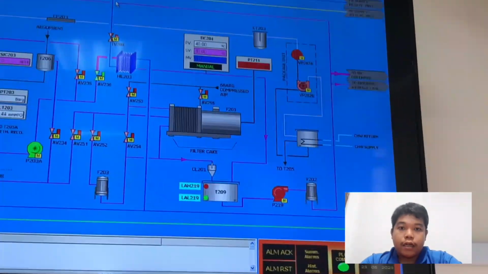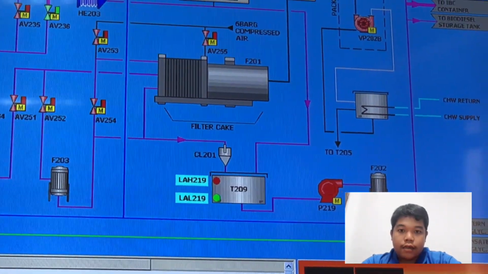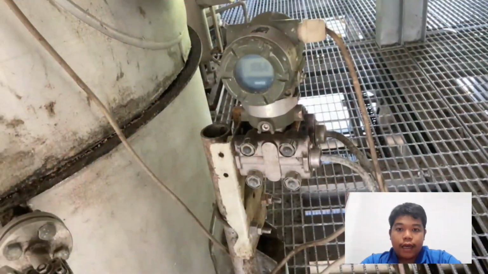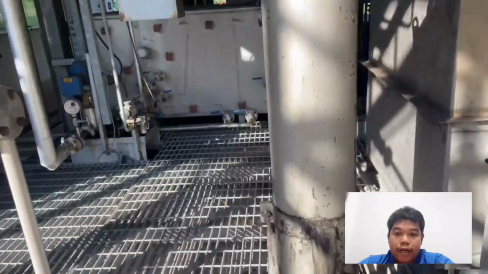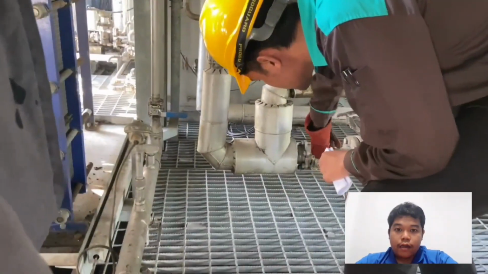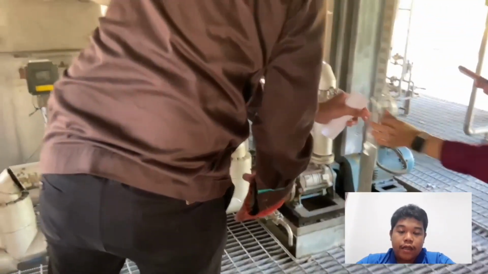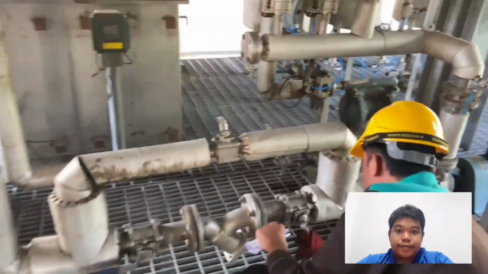We need to record the level of the oil in the tank at the DCS and the level sensor at the plant.